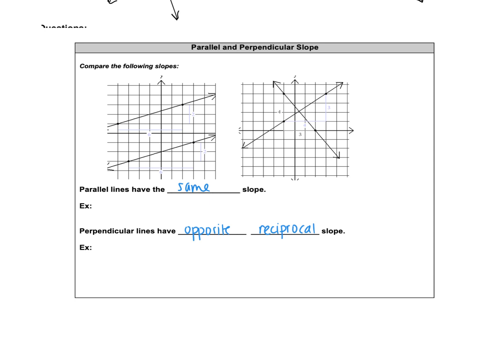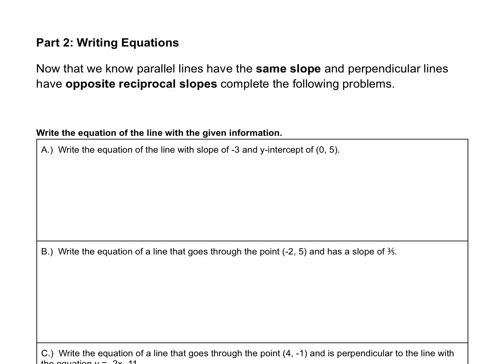Opposite again, positive, negative, reciprocal being flipped. At this point, we just have examples, so I want to do some examples. We'll take a break, finish the examples. These are the only two things I need us to get from today. Let's go to the next page and look at some examples.